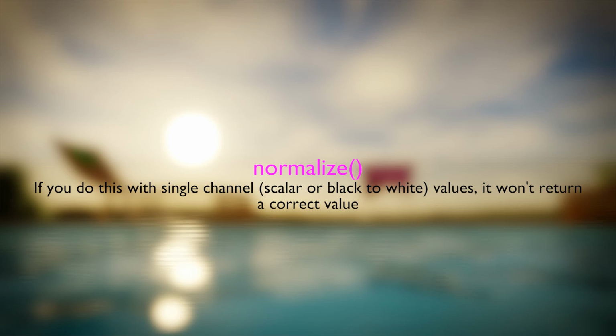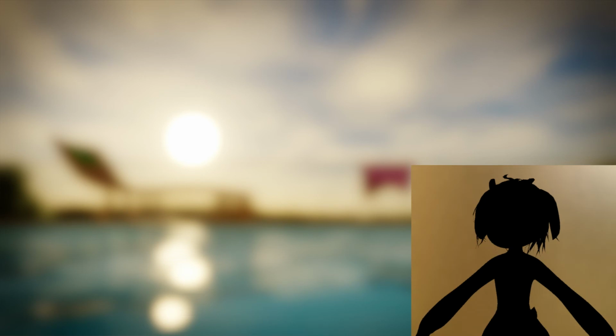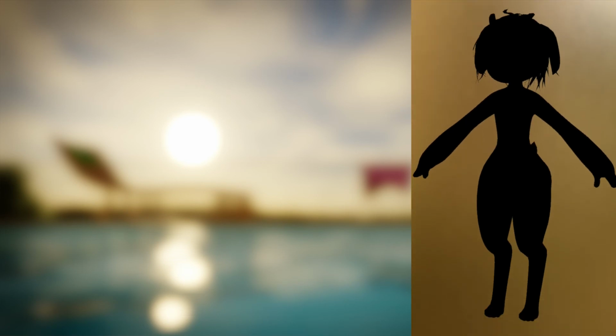The normalize function scales a vector from whatever range it has to a range from -1 to 1. It only works for 2D or 3D coordinates. Don't try it on any other data. Here's the whole function. As you can see, it takes the length by making some Pythagoras black magic and divides the vector by it. Well, now we finally have the direction and attenuation.